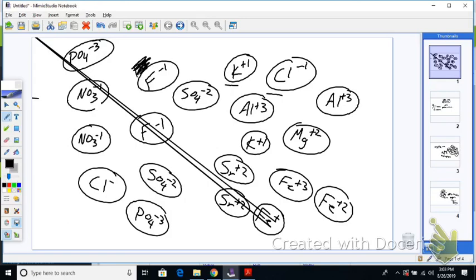All right, so we're going to take these two irons down here, and we're going to match it up with the fluorine. So we're going to take those two, match it up with the fluorine two different ways.